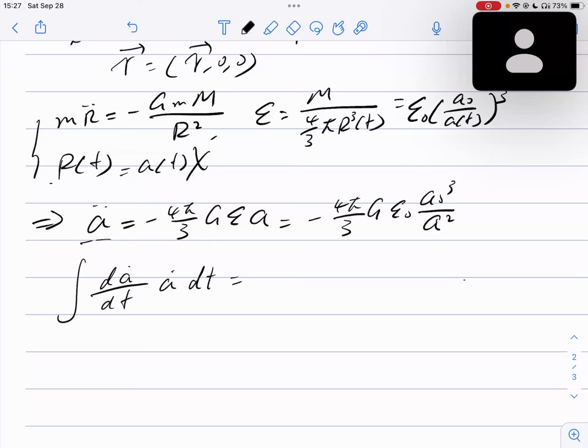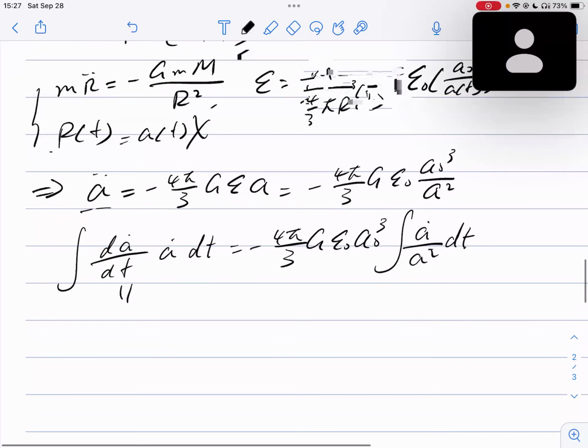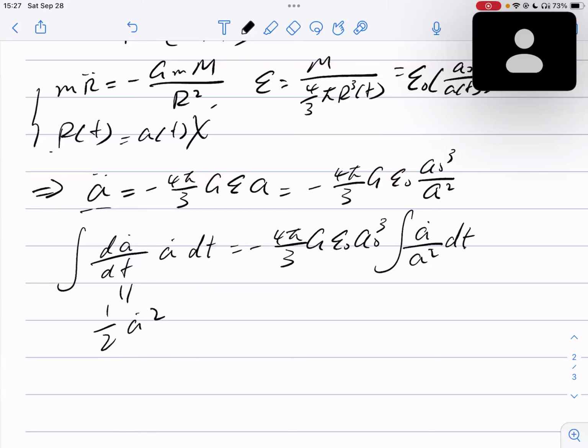The right side is minus 4 pi over 3 G epsilon_0 a_0 cubed times the integral of a dot over a squared dt, and the left side equals 1/2 a dot squared. This equals positive 4 pi over 3 G epsilon_0 a_0 cubed over a.